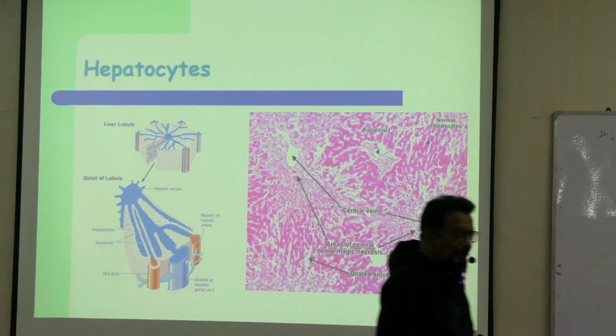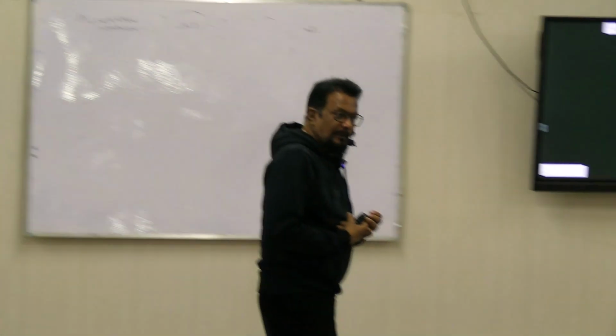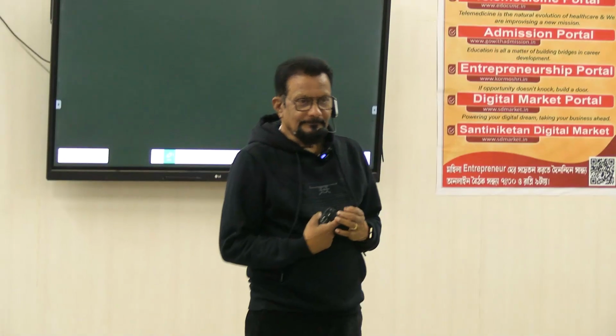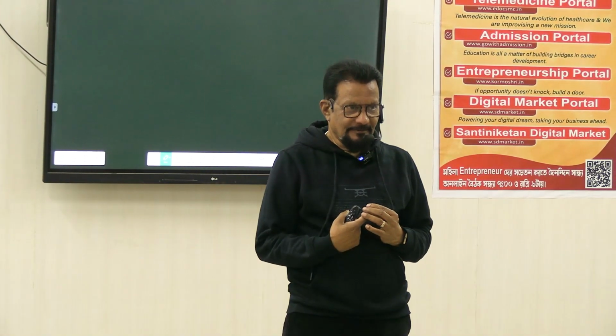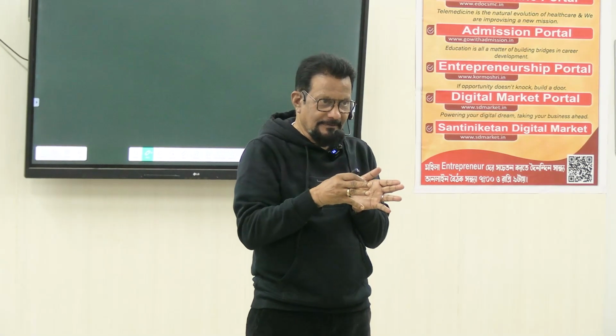So where will the arterial blood and portal blood be mixed? In the liver sinusoids. What are sinusoids? The space in between radiating columns of hepatocytes.